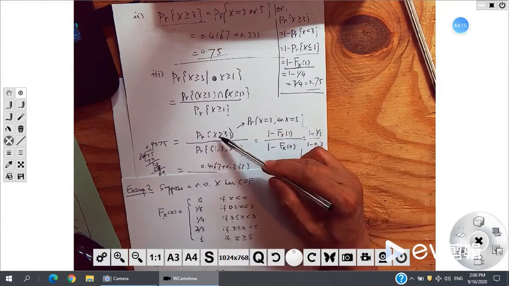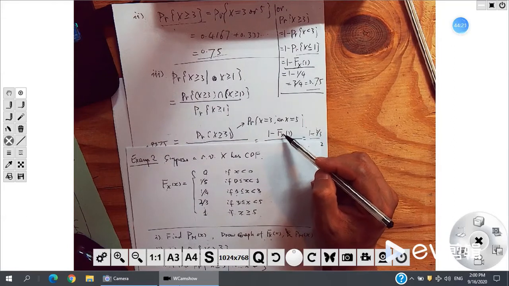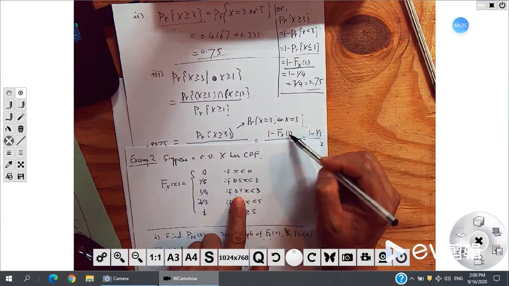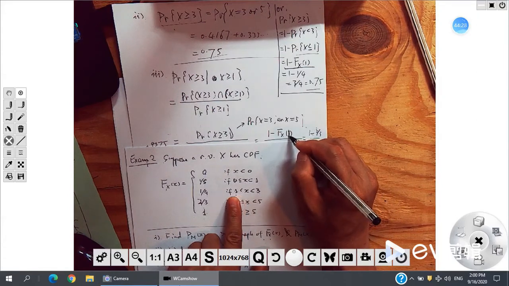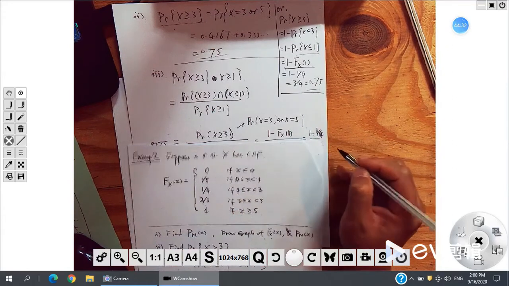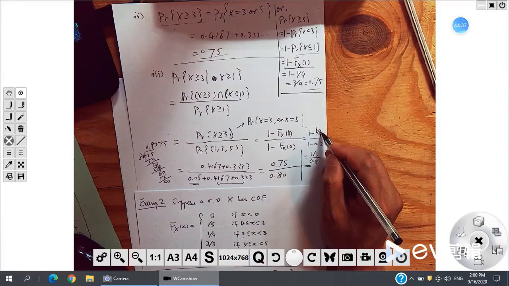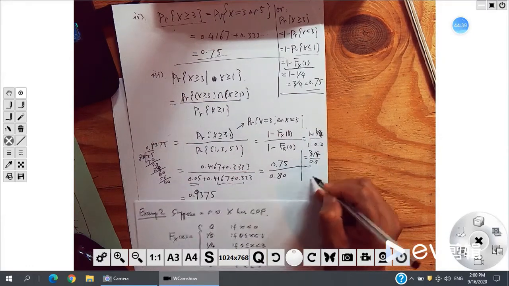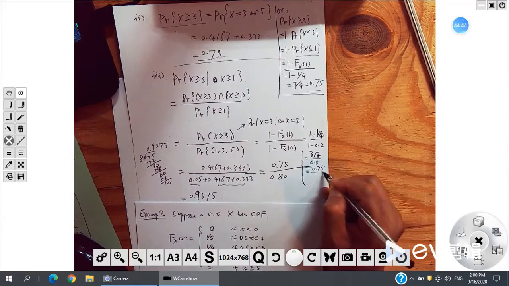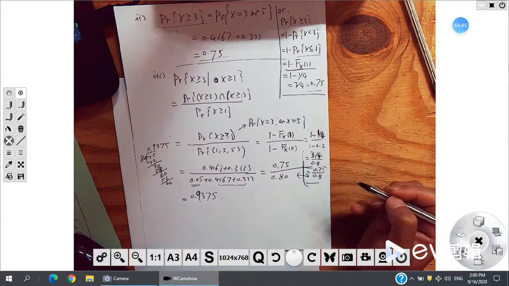Here should be smaller than, but cannot equal 3, so here should be 1, I'm sorry, 1/4. So 1 minus 1/4 will be 3/4, it is 0.75 over 0.8. Oh, same thing. Yeah, same thing. Alright.